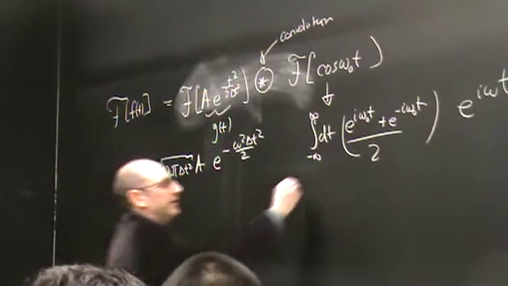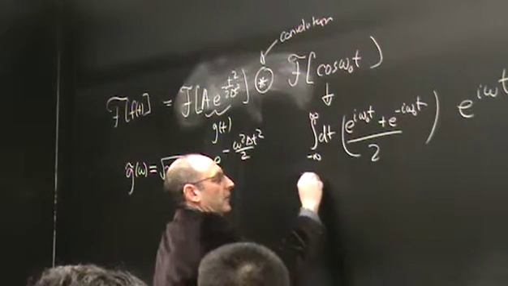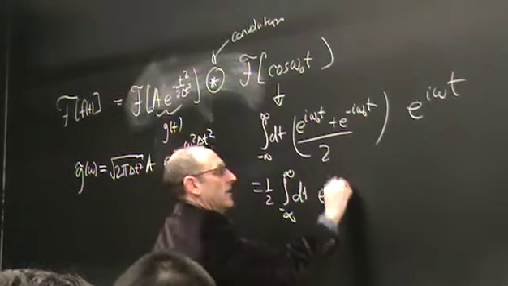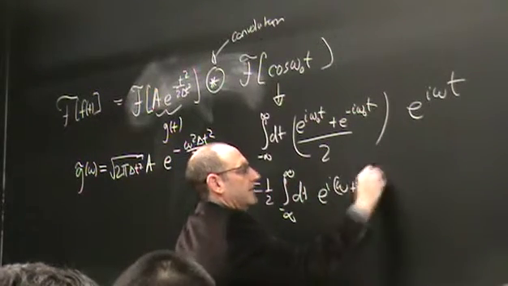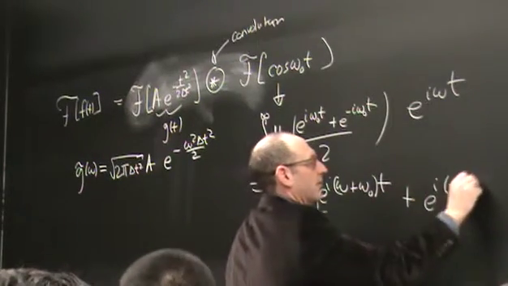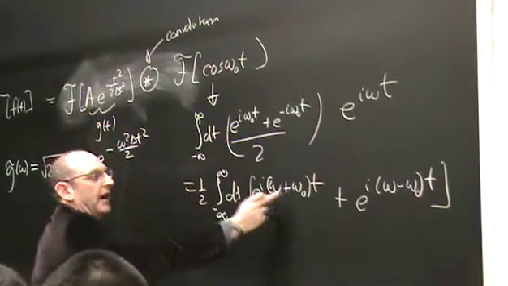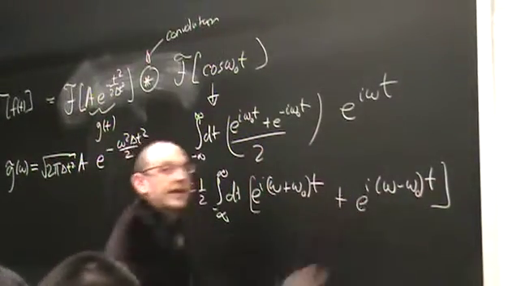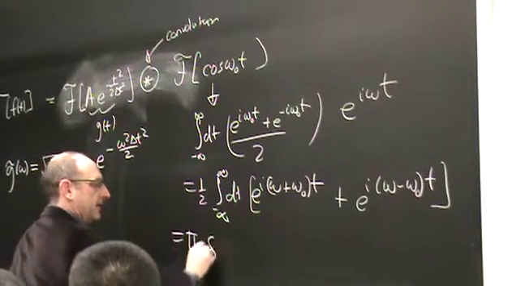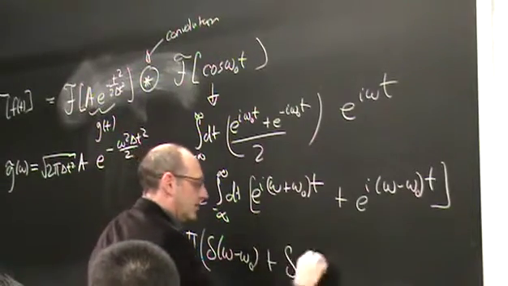So this is equal to 1/2 integral dt e to the i (omega plus omega naught) t plus e to the i (omega minus omega naught) t, which is 2 pi times the delta function there and 2 pi times the delta function there. So that's pi times delta(omega minus omega naught) plus delta(omega plus omega naught).